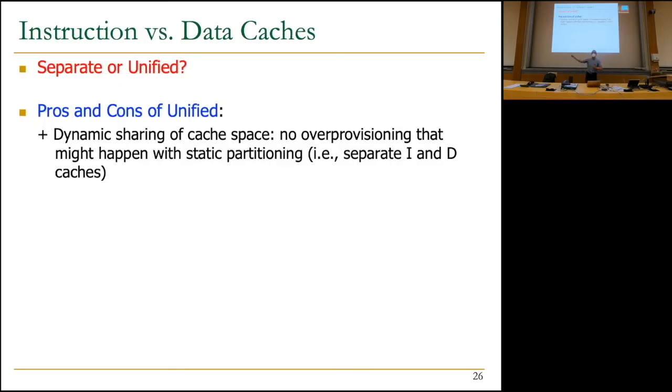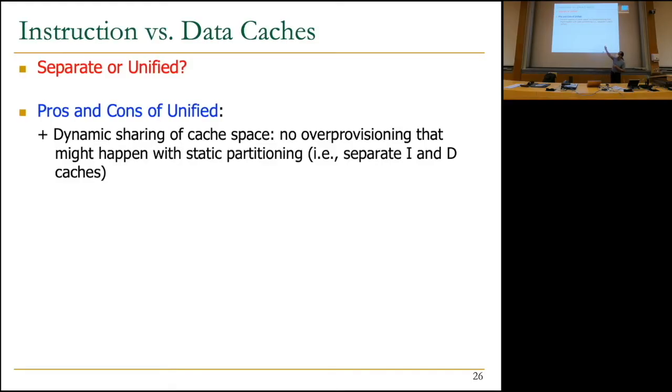If your data working set size is 127 kilobytes, you need more space in the data cache, but you don't have it, while you have it in the instruction cache because the instructions are not utilizing it. So separating the storage for instruction and data clearly leads to static partitioning. But if you unify them, you have dynamic partitioning. So this is actually always true.